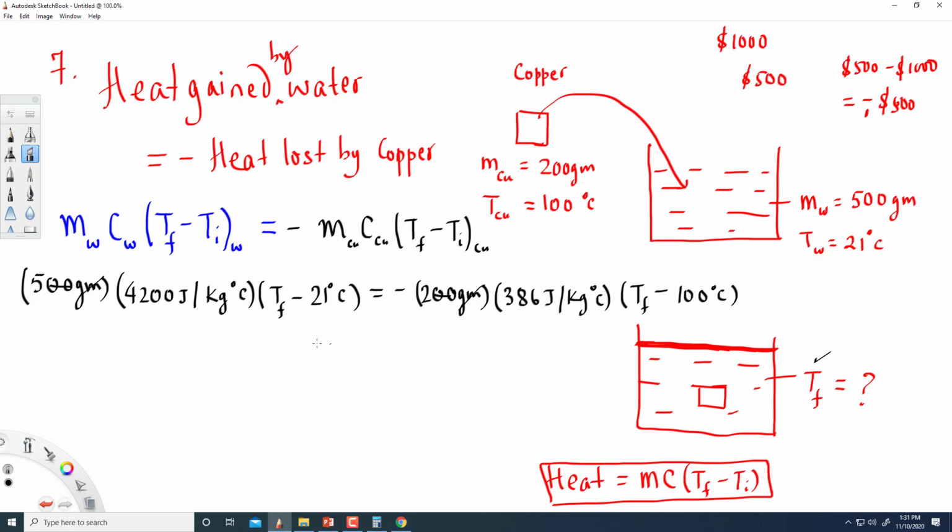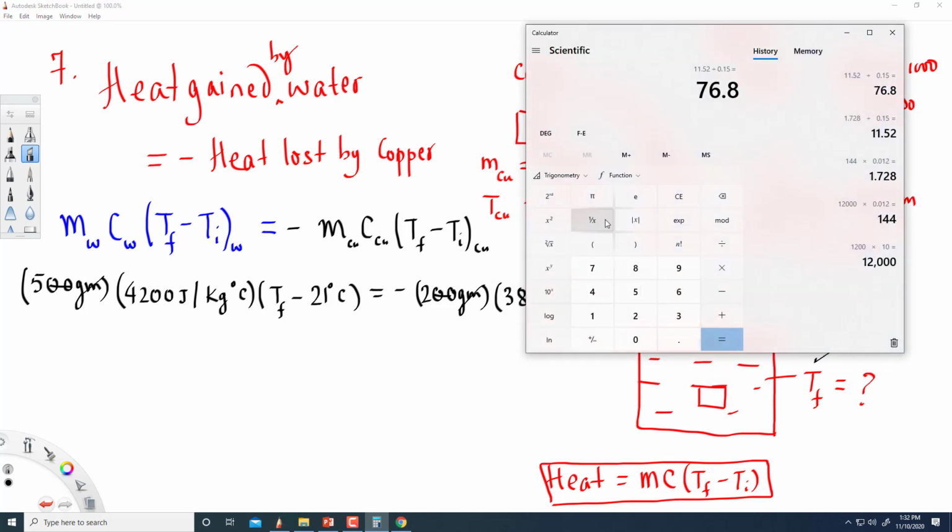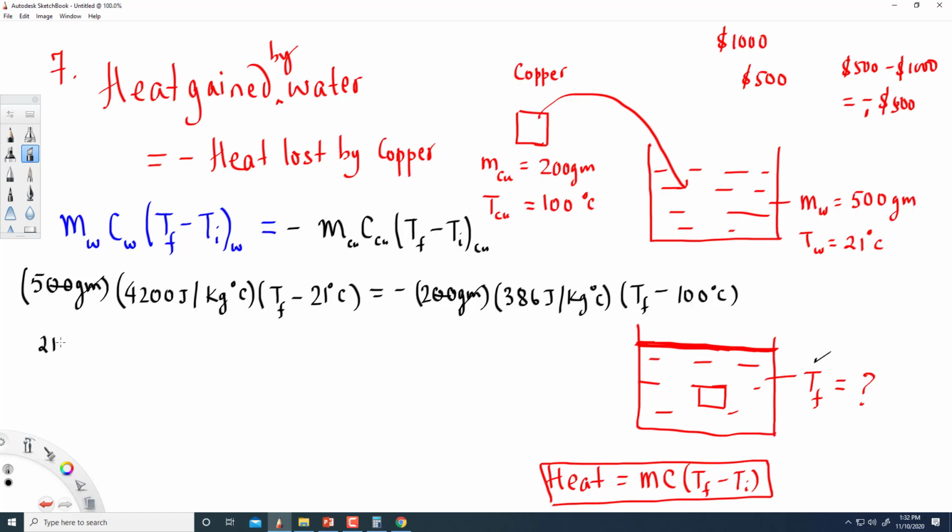So now we need to do the math. This is the hardest part. Okay, so 5 times 4200. Let's do the math. So 5 times 4200, that gives me 21,000 times TF minus 21.